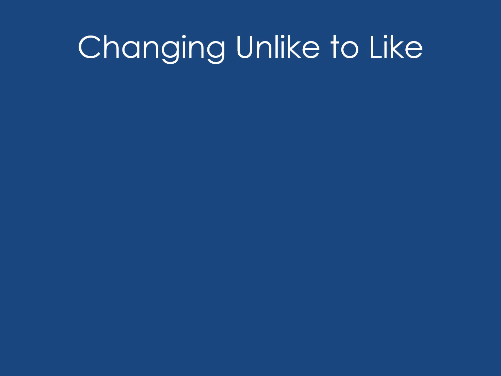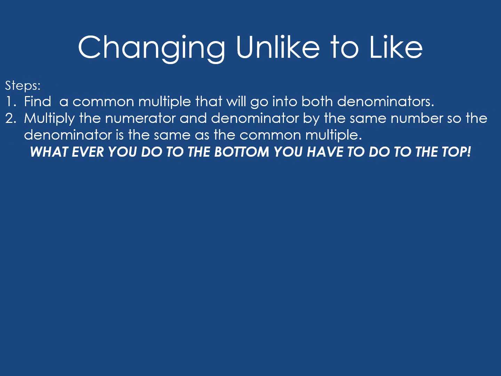Let's proceed now to changing unlike to like fractions. Children, you have to listen well because it is quite difficult. We change unlike fractions to like fractions so that we can easily add and subtract them. Step one, find a common multiple that will go into both denominators.